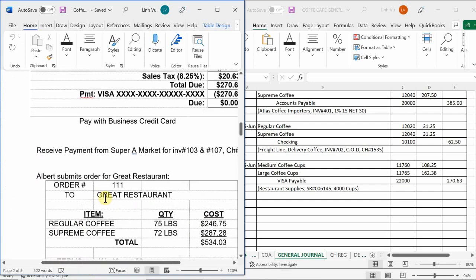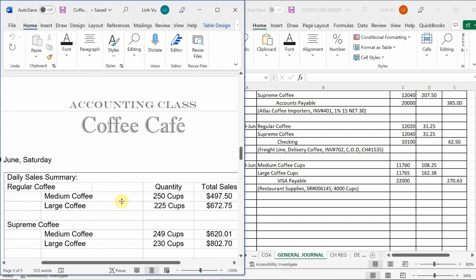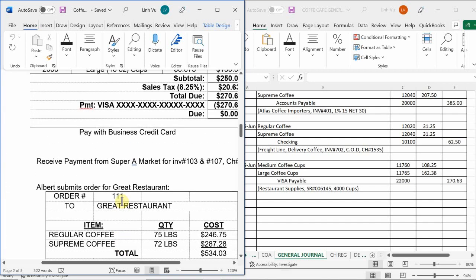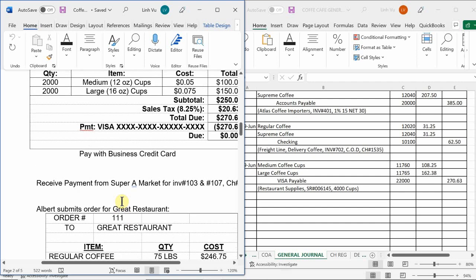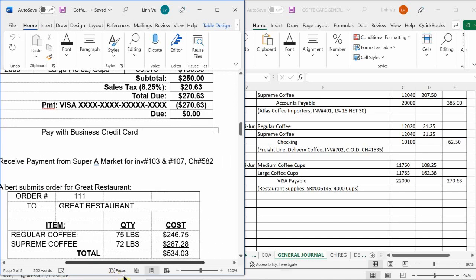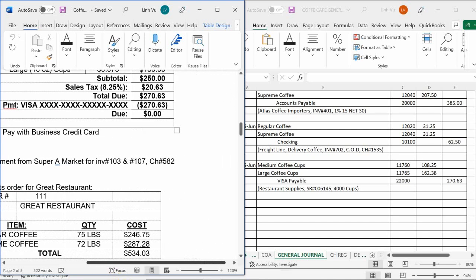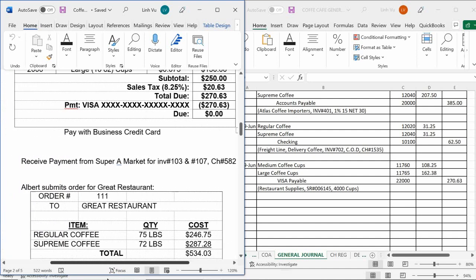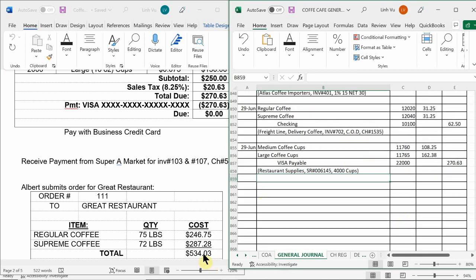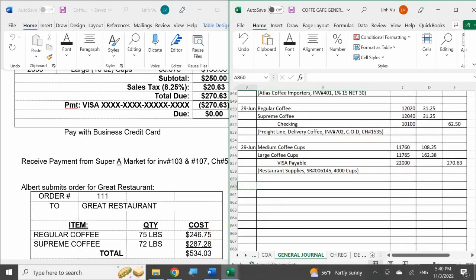So here it says that you've received a payment from Super A Market for invoice number 103 and 107. Okay? And you received one check, 582. Okay? So they paid for two invoices at the same time. So let's go ahead and take a look at Super A Market. Okay?